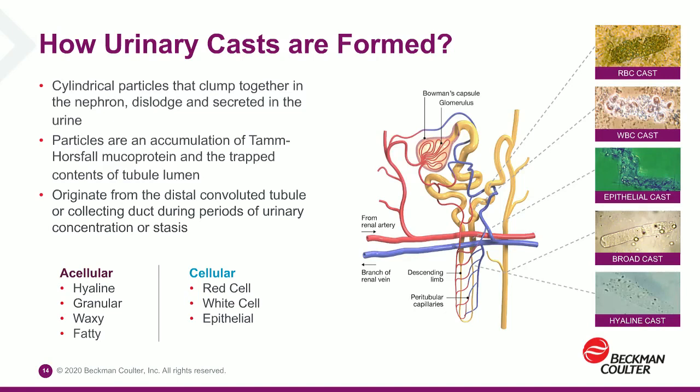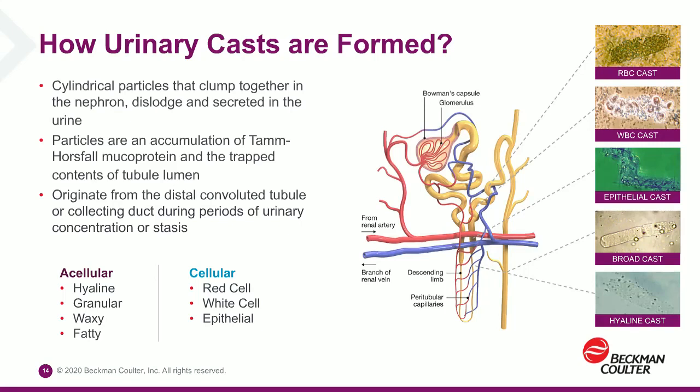Urinary casts are simply cellular debris and particles that get stuck in the renal tubules and subsequently excreted in the urine and detected by urinalysis. Specifically, this debris is a mucoprotein that takes the shape of the lumen, or inside, of the tubular duct.